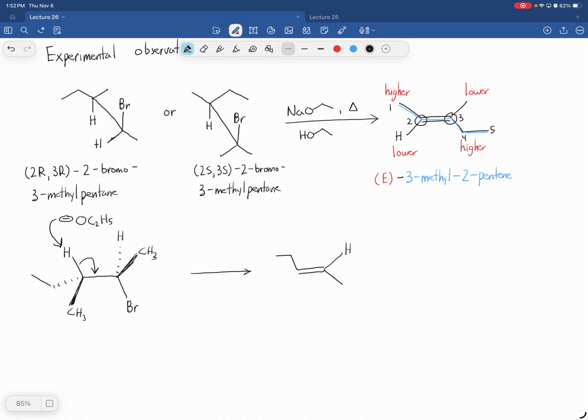All right. So maybe drawing the products here will help us a bit. All right. So I've removed the hydrogen, so that's clear in my drawing right here. And I made the double bond. But what else do I have to do in order to get the product on the right?